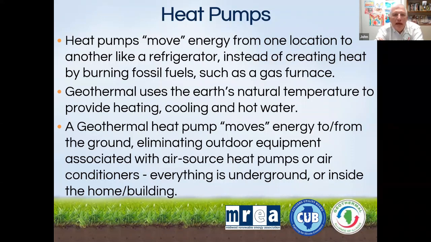So I simply ask you this: what's the more efficient exchange? Exchanging into 50-degree Earth temperature when it's 95 degrees outside, hot and humid, and you're trying to put that heat into 95-degree air, or putting that heat into 52 or 53-degree Earth temperatures?